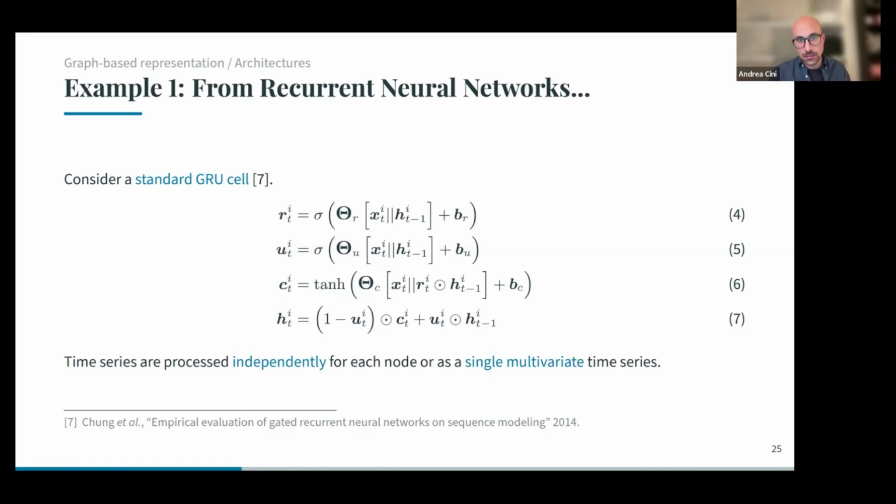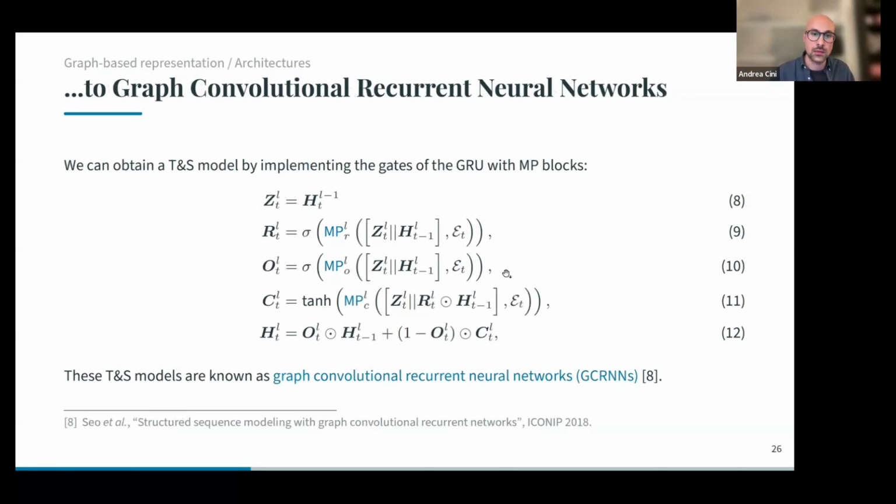We can easily get the spatiotemporal graph neural network version of this by implementing each gate of the recurrent cell by using message passing. This is also very similar to the first kind of graph neural networks that have been used to process static graph data, but in this case, at each update of the cell states, we perform message passing at a different time step.